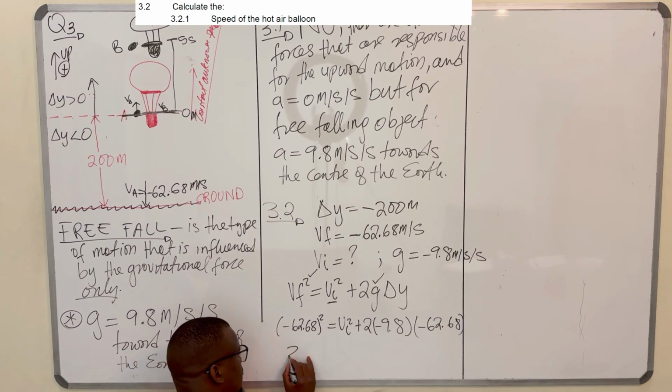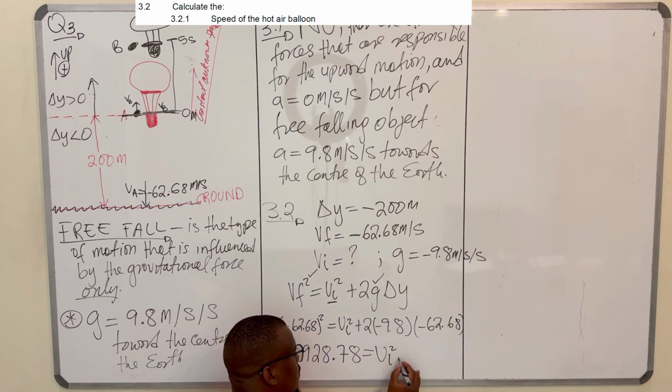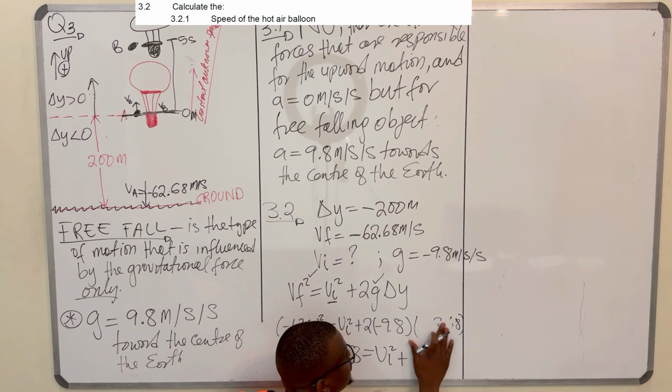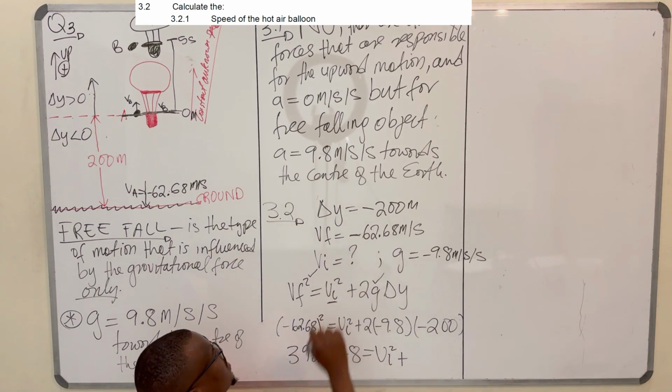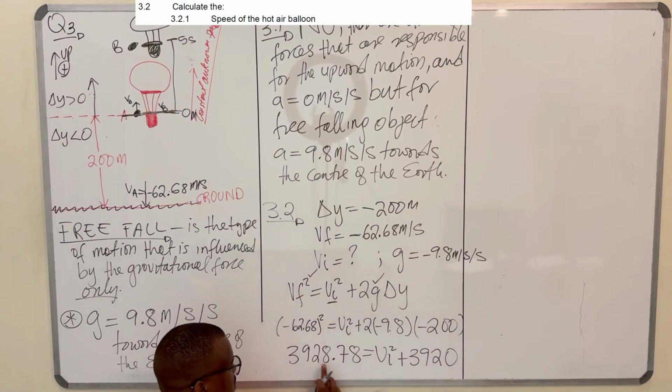So it's 3928.78, which is equal to Vi squared plus 2 times minus 9.8 times the displacement, which is minus 200, because we said our displacement is minus 200. So we have plus 3920. Then we transpose this to the other side.